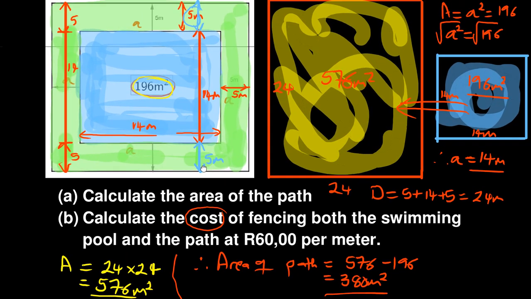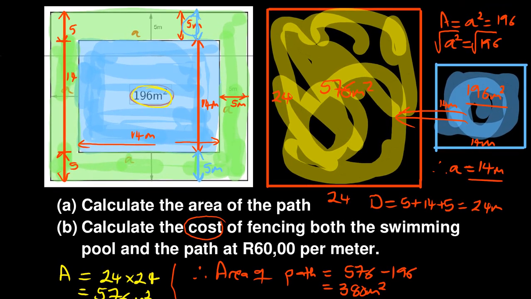They want to fence the swimming pool and the path, meaning if I want to fence the swimming pool, now this is the swimming pool, I'm going to need a fence from there, and from here, and from there, and from there. So this is the fence that I'll need.